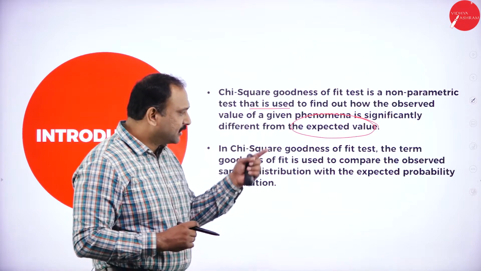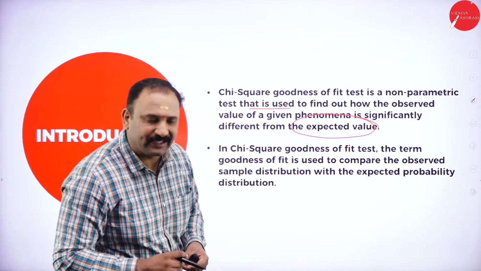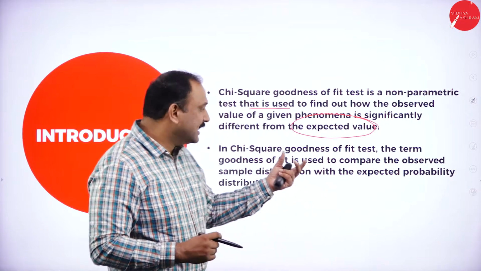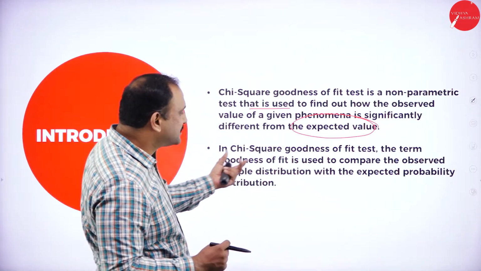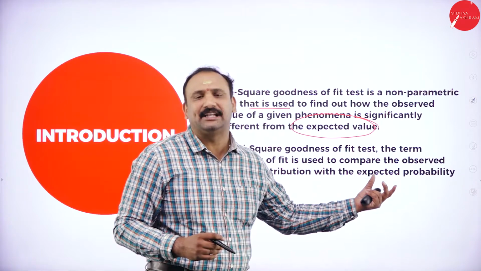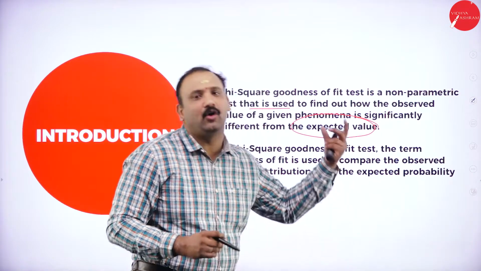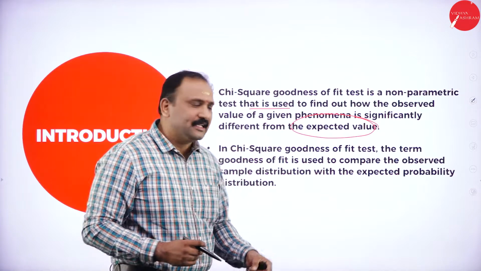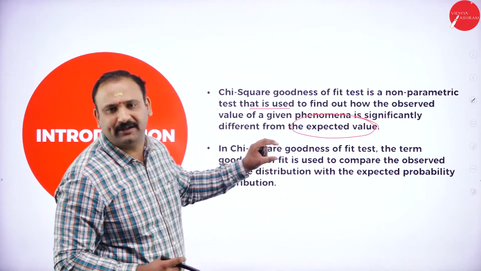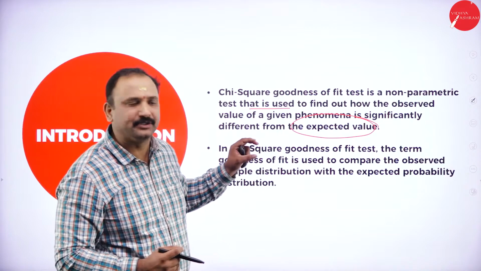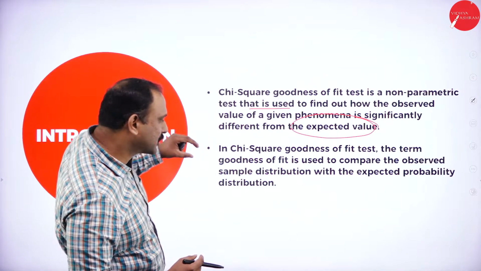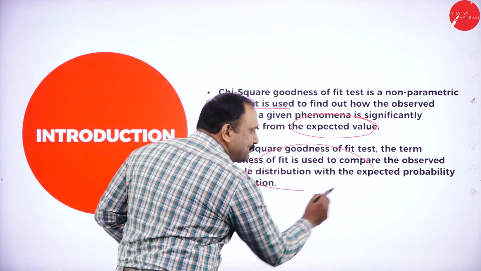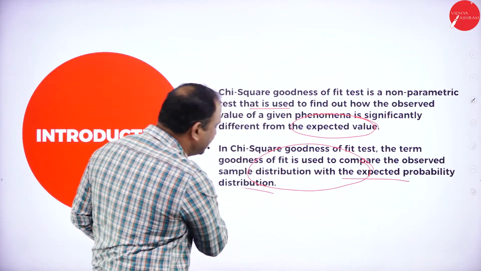Followed by, in the chi-square goodness of fit test that we are talking about, the term goodness of fit is to compare the observed sample distribution with the expected probability altogether. So the word itself tells you that it is used to compare the sample distribution with the expected probability distribution.